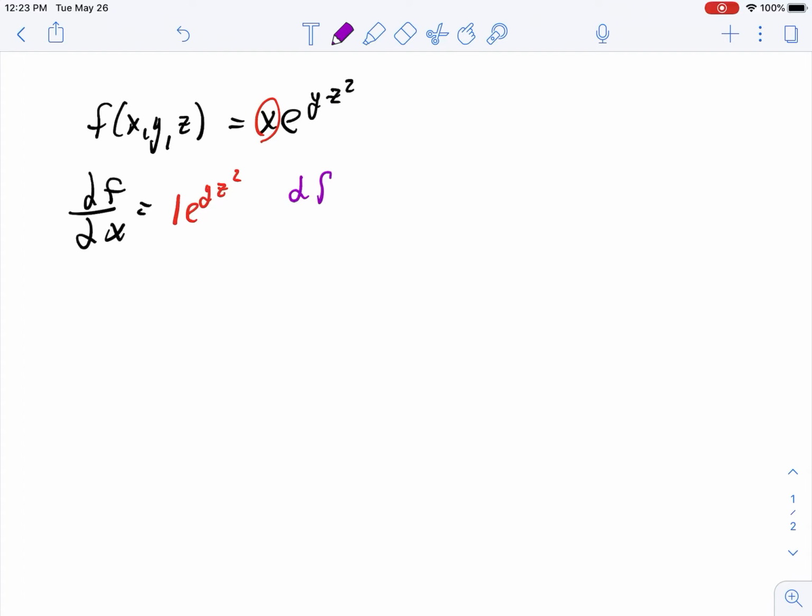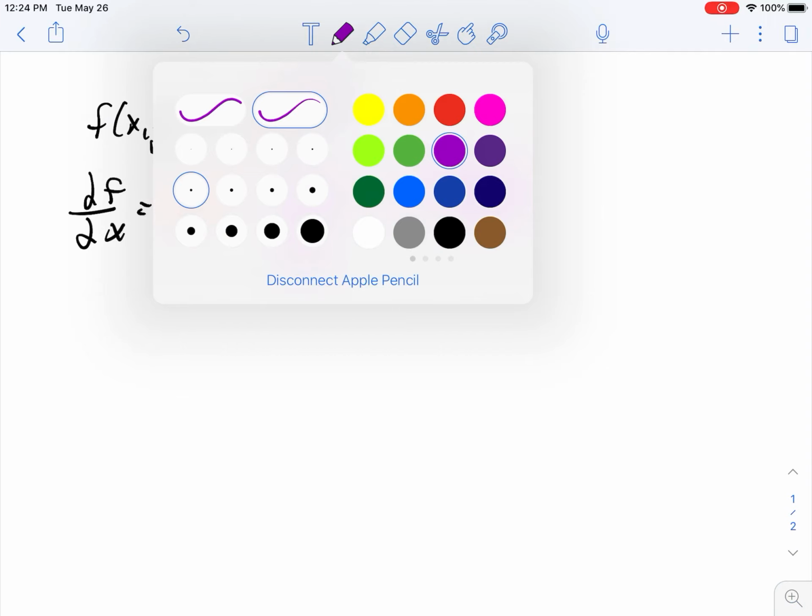Okay, so now let's do some color. The partial derivative with respect to y: there's only one y there, but there's a chain piece, so we have x e^(y z squared), and the derivative of the exponent piece is the derivative of y, which is 1, times z squared.